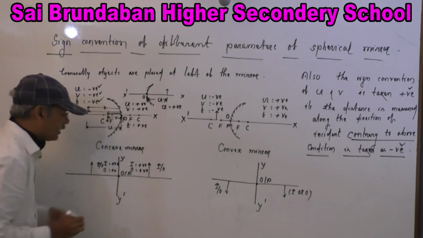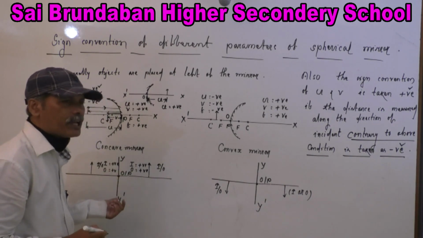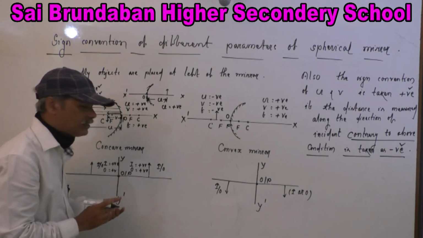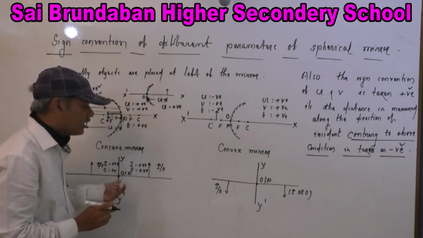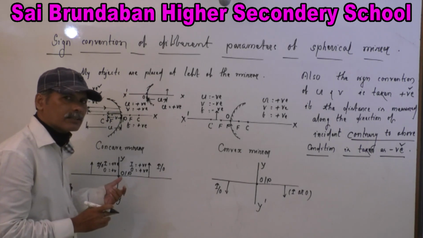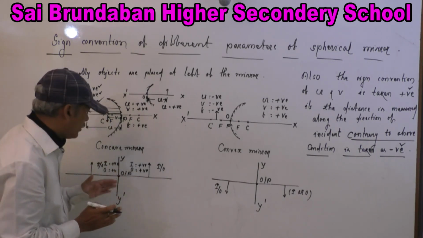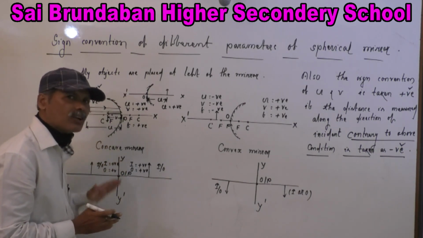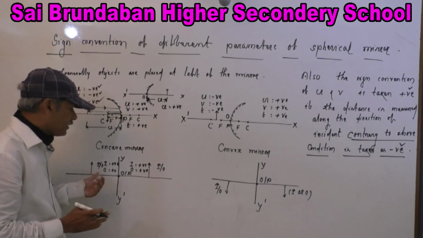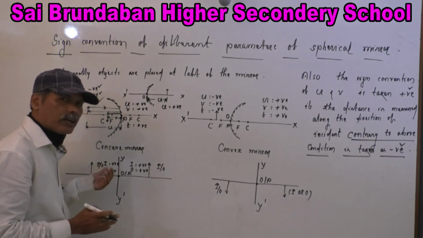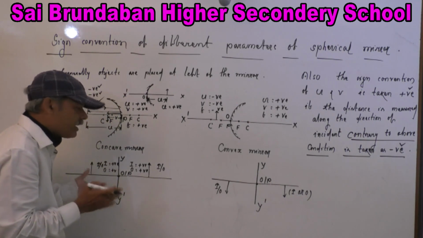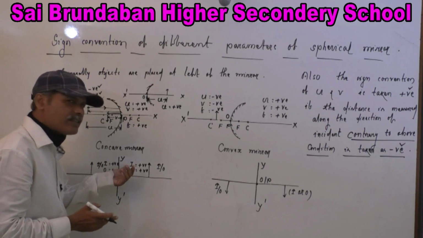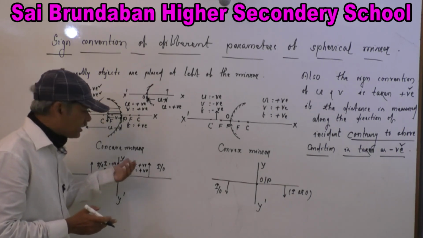When you have to give the sign convention to I, image length, or object length, you must refer to the y-axis, not the x-axis. So if the lengths are measured parallel to the positive y-axis, then the image and the object are treated as positive.